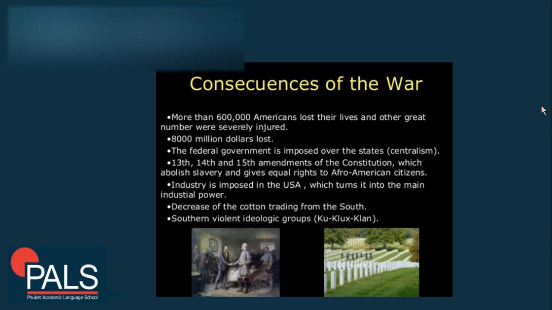The 13th, 14th, and 15th amendments of the Constitution, which abolish slavery and give equal rights to African American citizens, were passed, and industry is imposed in the USA, which turned it into the main industrial power. Decrease of cotton trading from the South, and of course, the rise of Southern violent ideological groups like the Klan.